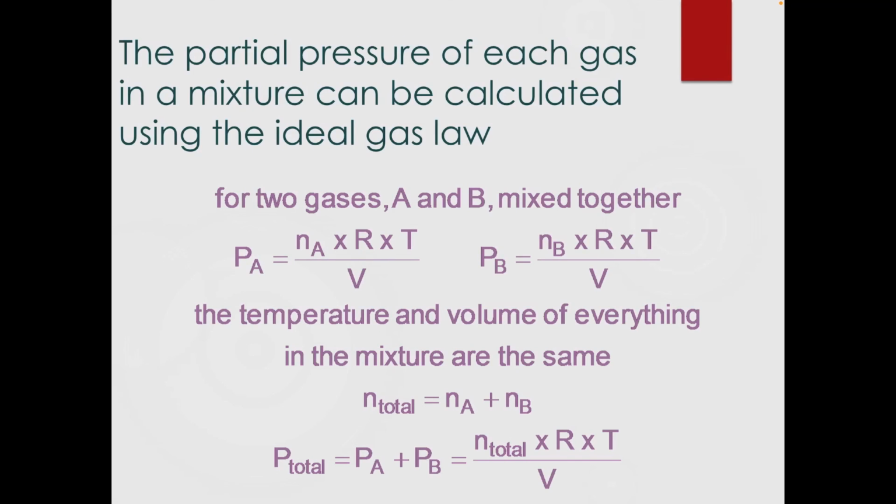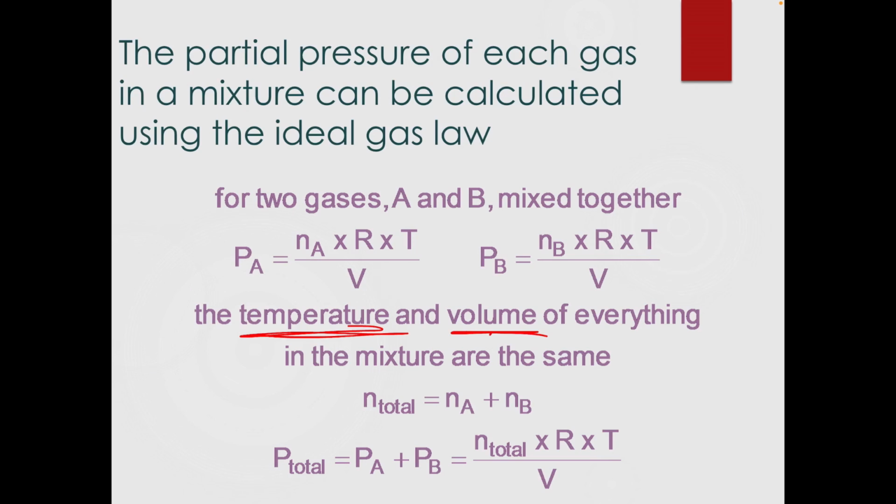But say instead of having our overall pressure, we had our individual pressures, say our pressure of A or our pressure of B. We could use that to find our number of moles, or we can use that to find our overall pressure, right? We can use these ideal gas laws for overall pressures or individual pressures, okay? The temperature and the volume of everything in the mixture are the same.